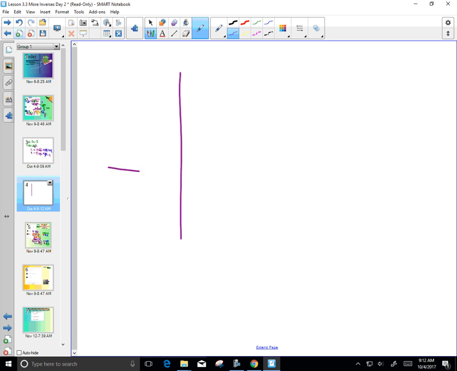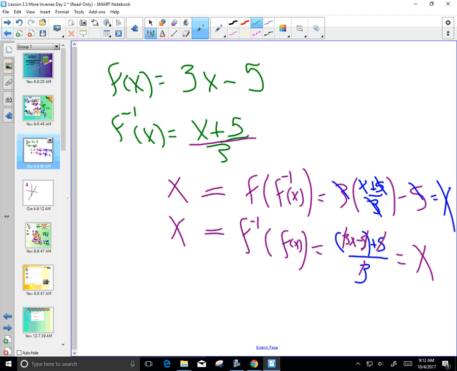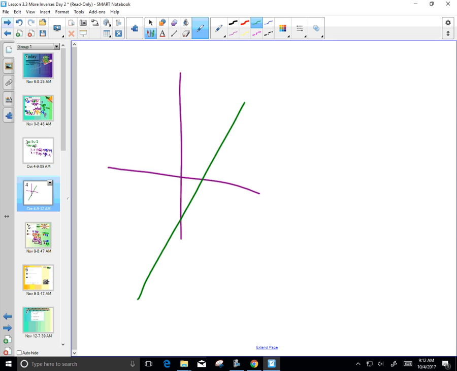Here's the graph of 3x minus 5. Here's the graph of 1/3 x plus 5/3. Like that. When I did f of g of x, what did I get for an answer? Or f of f inverse of x? X. What did I get for f inverse of f of x?